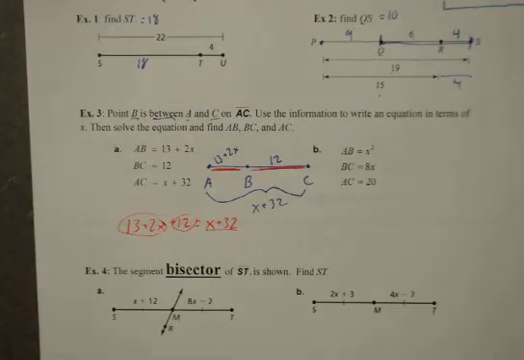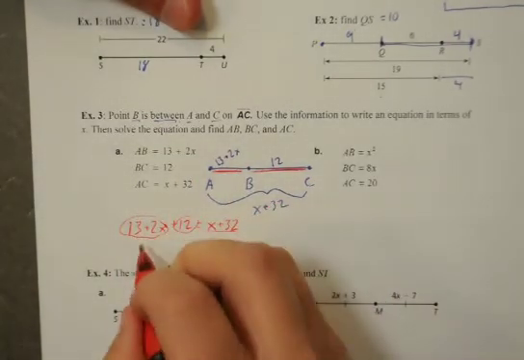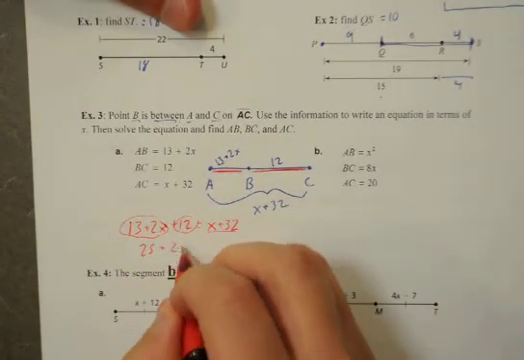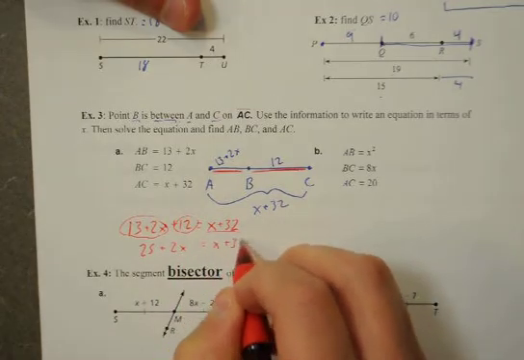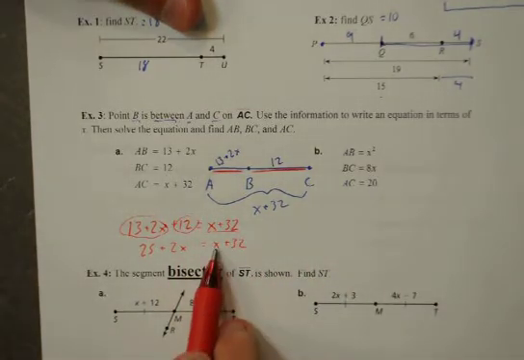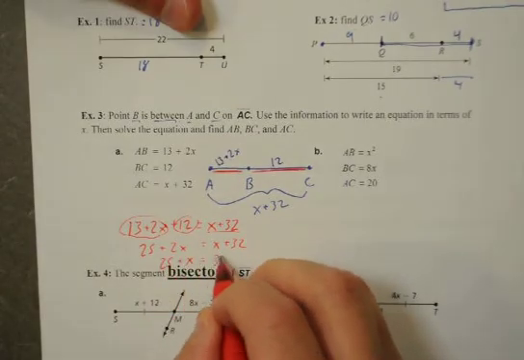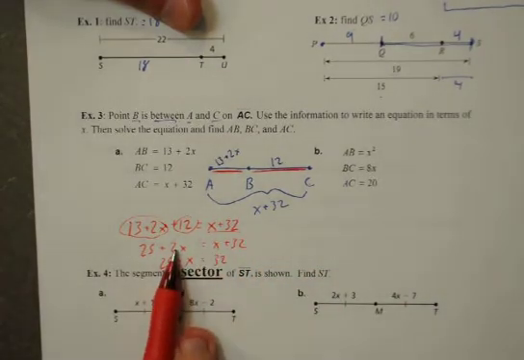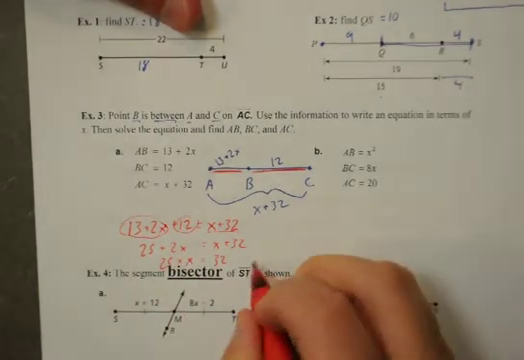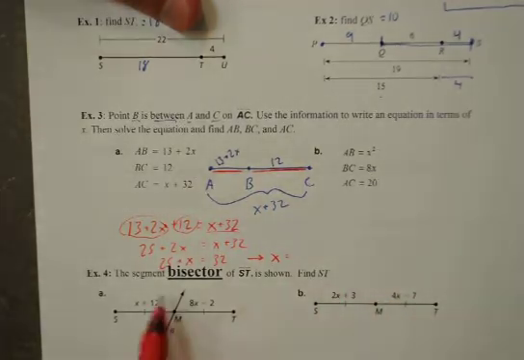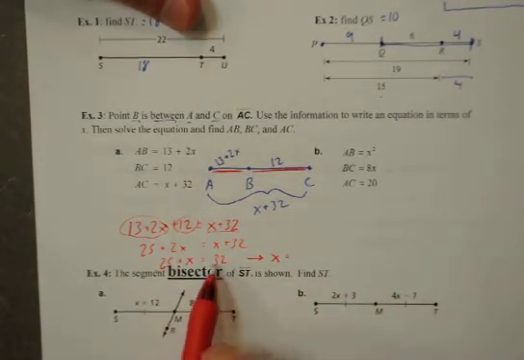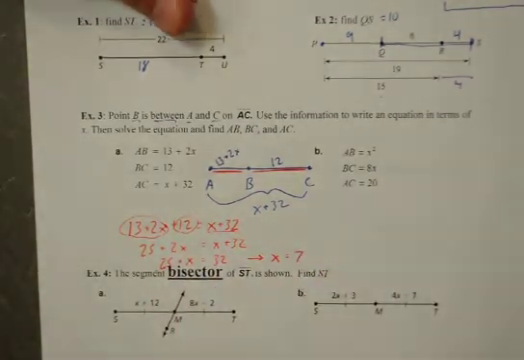So now do your algebra. 13 plus 12 is 25. Subtract that x over, so that's 2x minus x. And now subtract the 25 over. When I subtract 25, 32 minus 25 is 7.